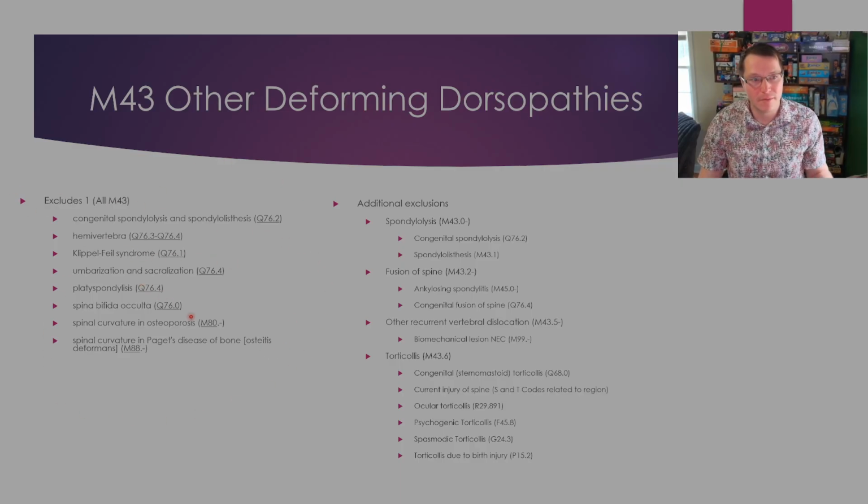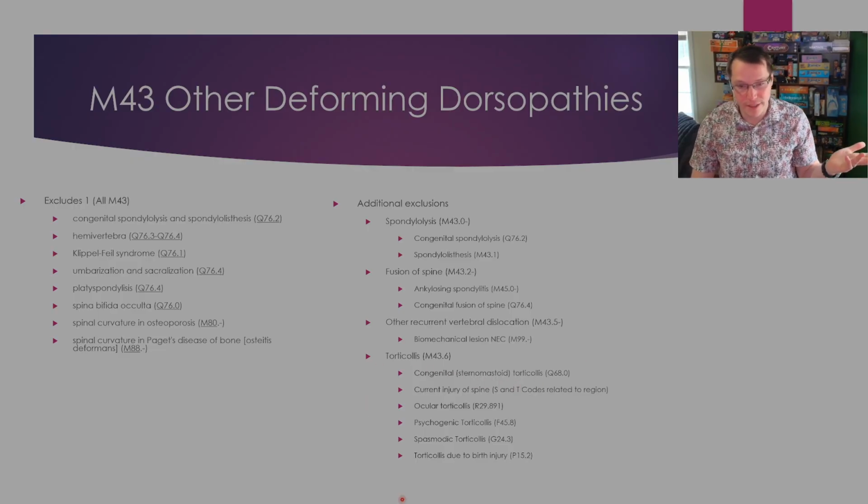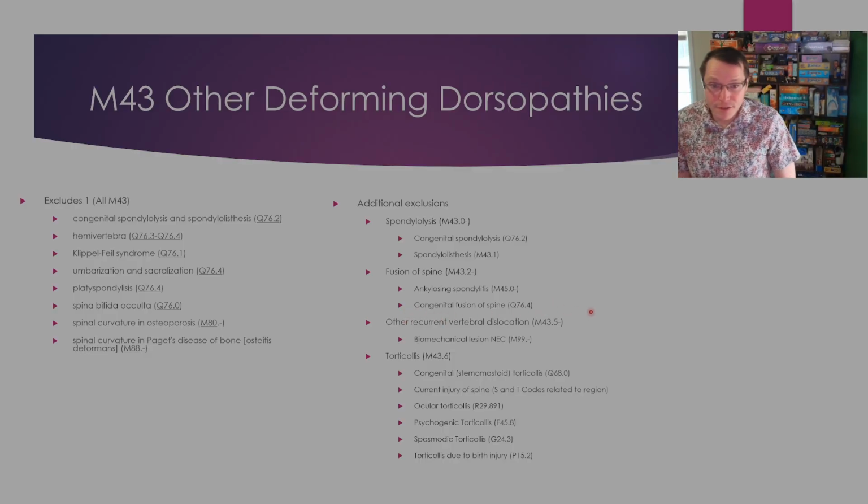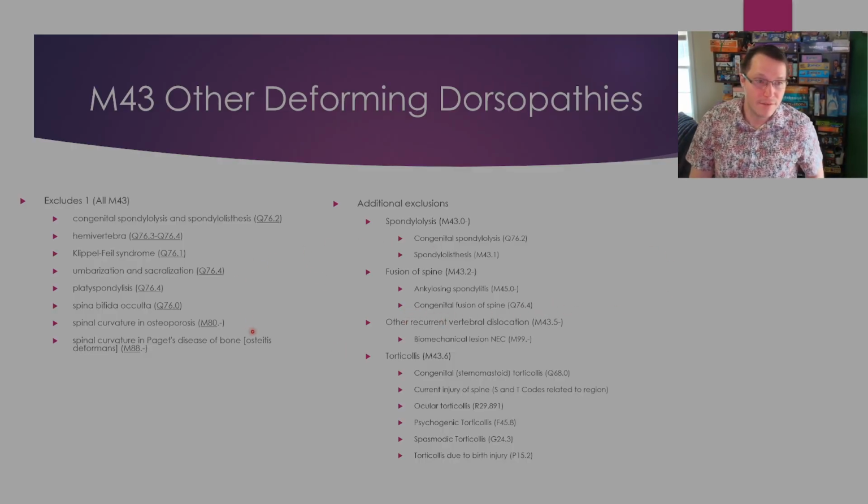A lot of them are congenital conditions or stuff like that that are obviously going to cause different issues. So fusion of spine is obviously going to go against congenital fusion of spine and that kind of stuff. So just be careful with these codes, make sure you're reporting them properly. And that's about it with this one.